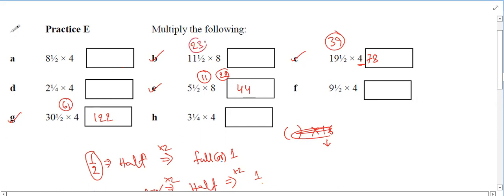Okay, one time doubling is over. 23 double is 46. Okay. 46 double is 92. 92, that is 80 plus 12. Right.